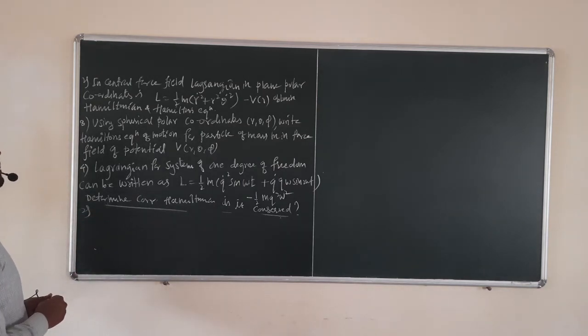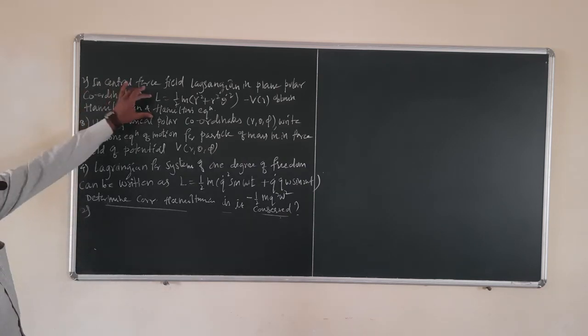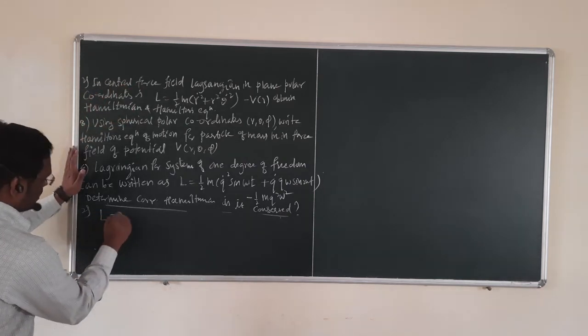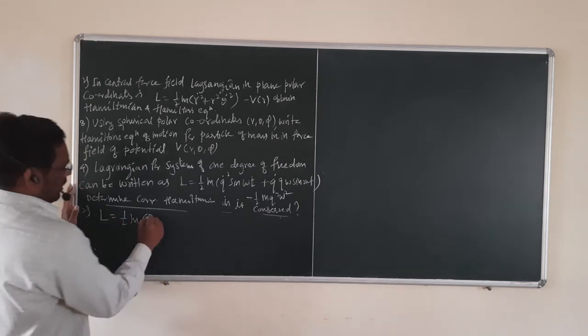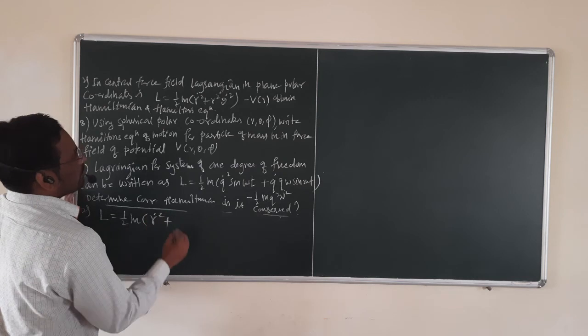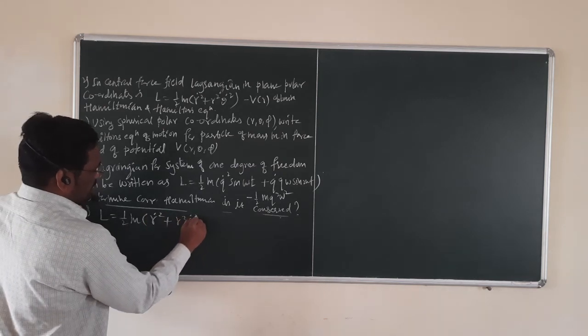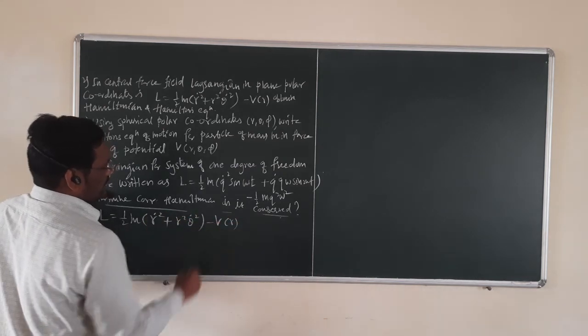First of all, in a central force field the Lagrangian is given by this equation: L equals 1/2 m (ṙ² + r² θ̇²) minus V(r).